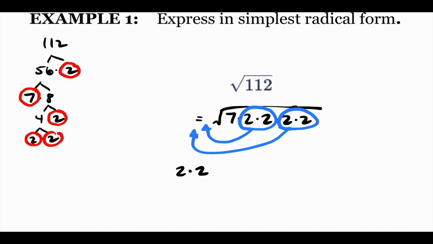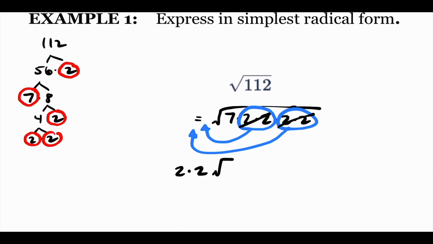Once they come out, they're no longer in there. What's left on the inside? 7. 7 can't come out because it doesn't have a pair. Anything you bring out to the front, multiply. So it's going to be 4 times the square root of 7. Done. That's simplifying.